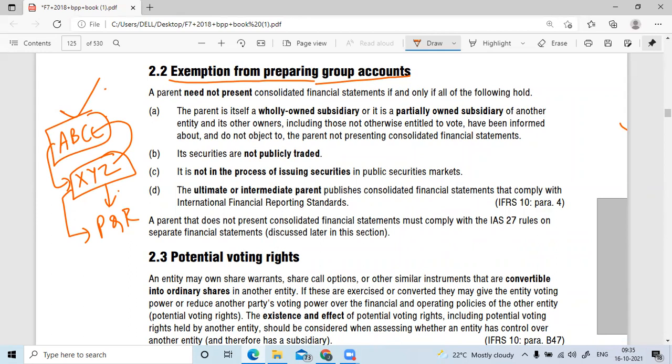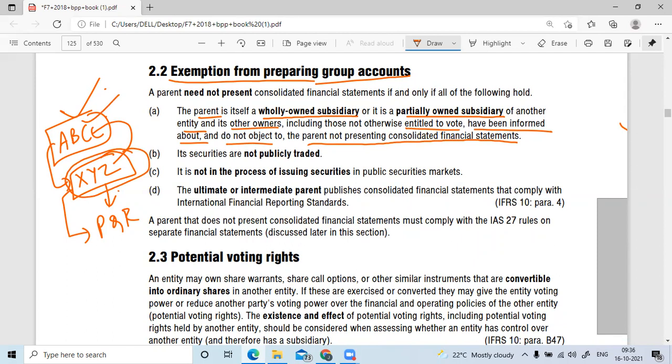The parent in my context, XYZ, is itself a wholly owned subsidiary of ABC, or a partially owned subsidiary of another entity, suppose ABC only, and its other owners, including those not otherwise entitled to vote, have been informed about and do not object to the parent not presenting consolidated financial statements. That means XYZ, which is already a subsidiary of this parent, is not entitled to do consolidation.